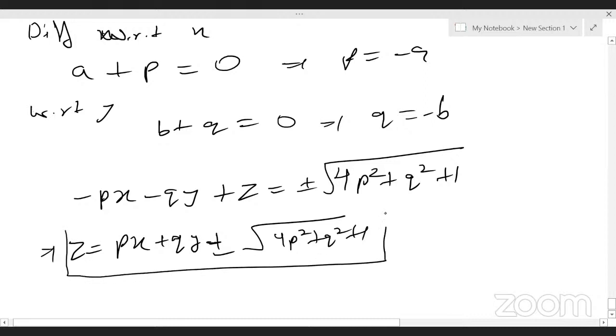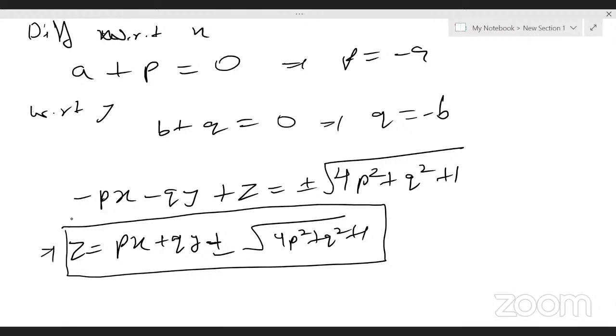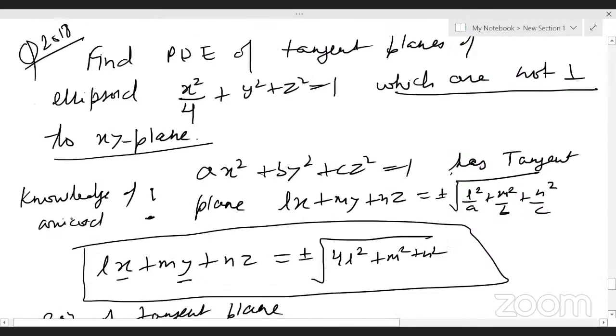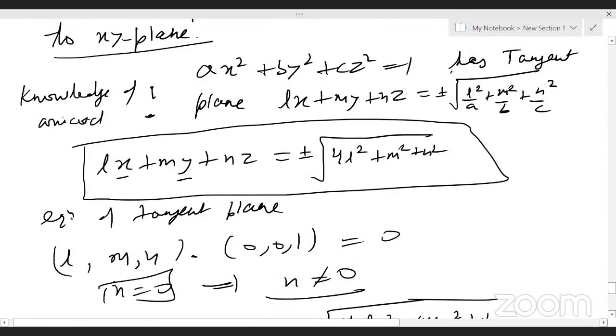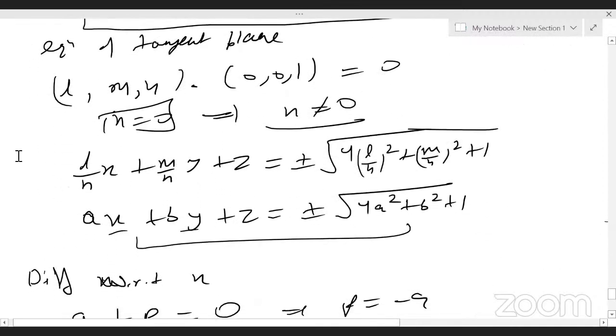So this will be the equation of the tangent plane to the given ellipsoid, which is not perpendicular to the xy plane. So the direction part was very easy, one step, but the difficulty was in the formation part, thinking all this. First you need to know how to write the equation, then you need to think, okay, n is not equal to 0, I can divide it. That was there, so that can be done.